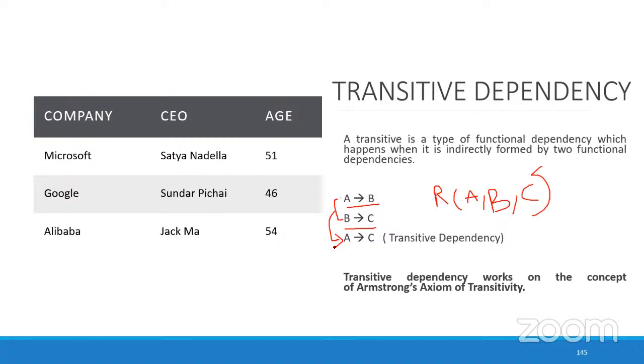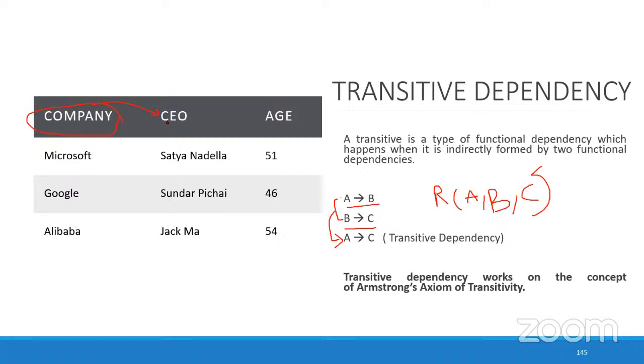Consider the table given here: company, CEO, age are the three attributes of the table. Here company is the super key, which is used to uniquely identify all the rows of data. If we know the company, we know the CEO, so we can definitely determine the CEO from the company.